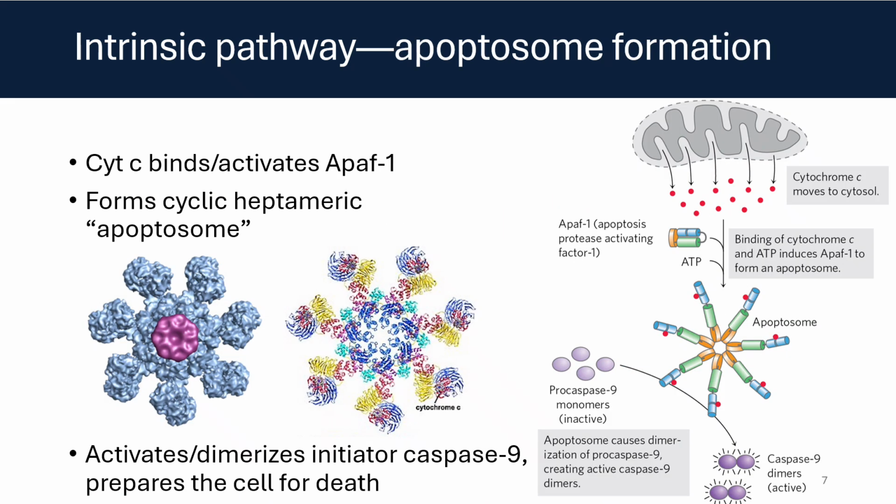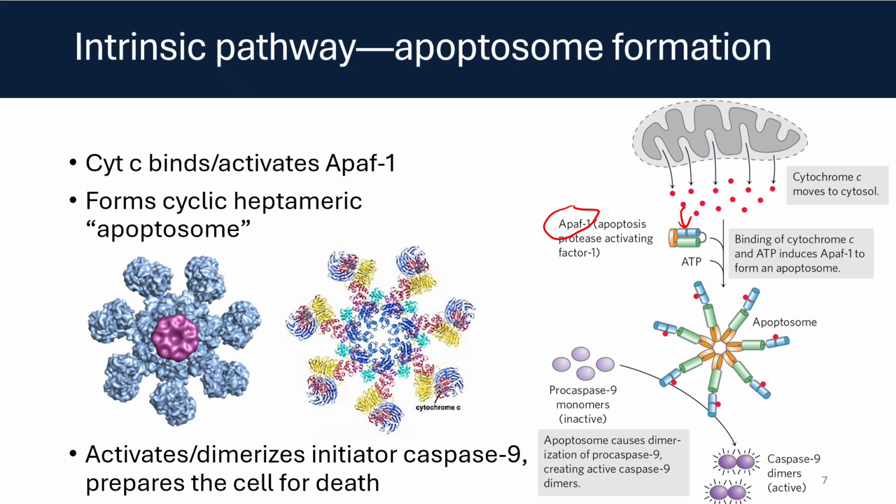After permeabilization, when cytochrome C leaks into the cytosol, it will bind and reconfigure and activate a dormant cytosolic protein complex called APAF1, apoptosis protease activating factor 1. When cytochrome C binds it, check out the cartoon over here, it's going to cause this very complicated structure to unfurl like so.